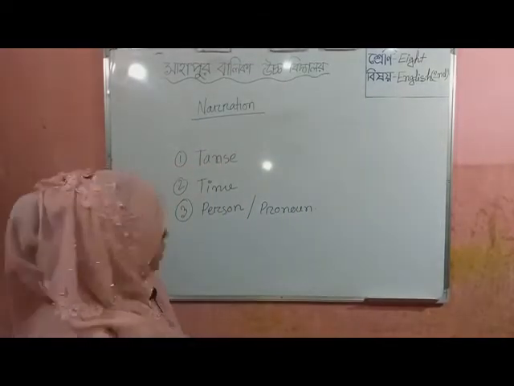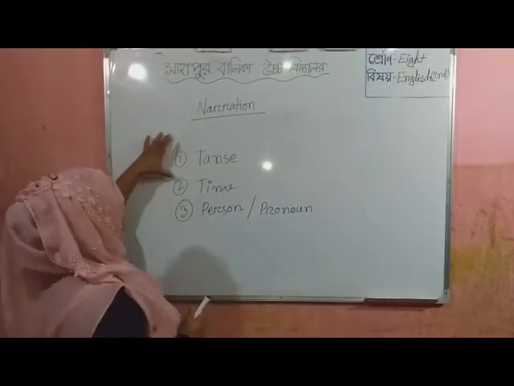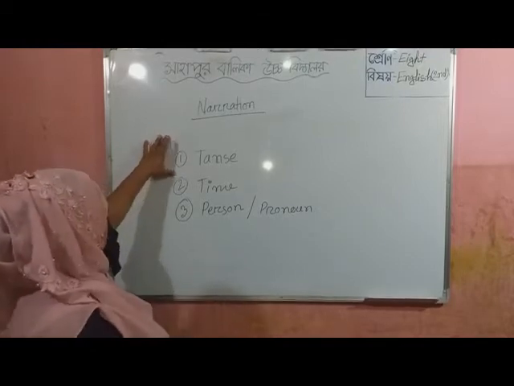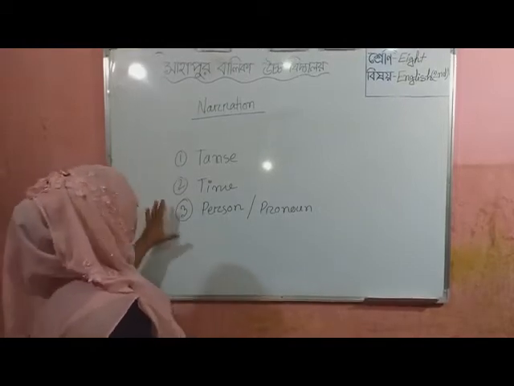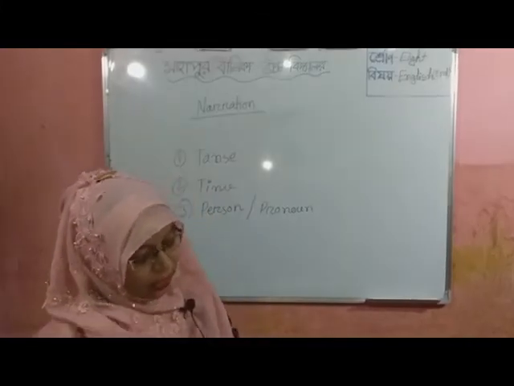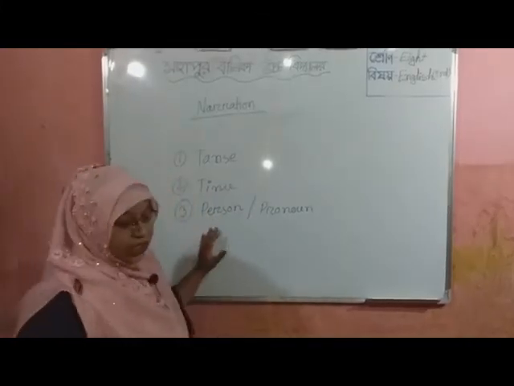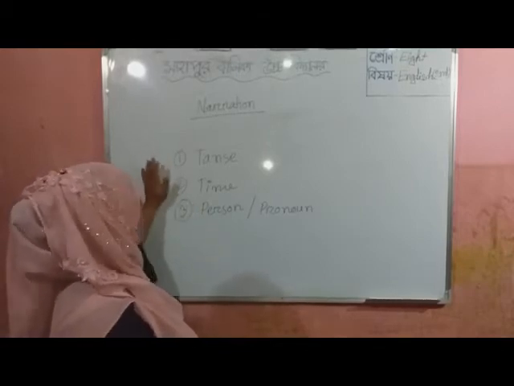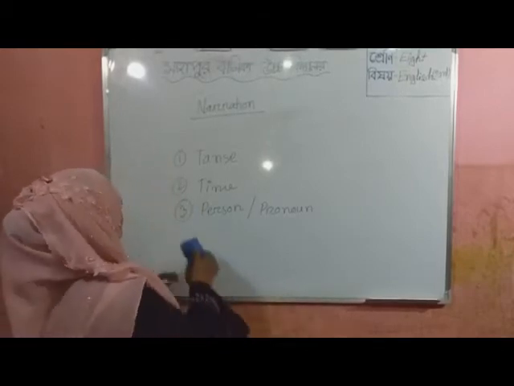First is tense, second is time, and third is person or pronoun. In a sentence, we change these three items: tense, time, and person or pronoun.